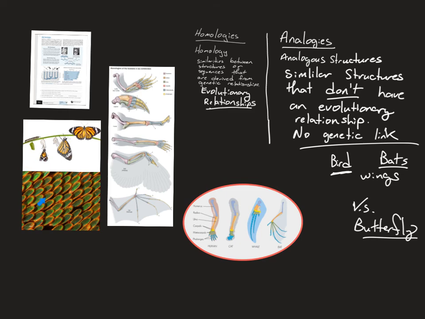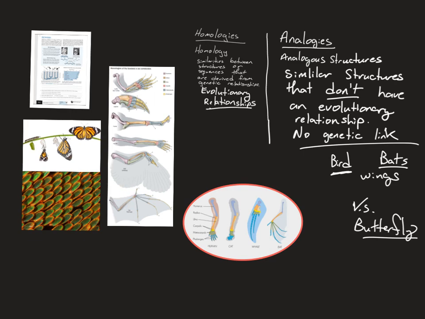Insects like the butterfly took another way. They have an analogous ability to fly. They have analogous things called wings. Birds, bats, and butterflies all have wings, but butterflies are a completely different evolutionary branch, where birds and bats share a common lineage, a closer relationship.